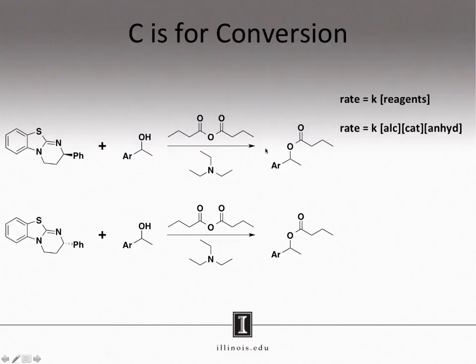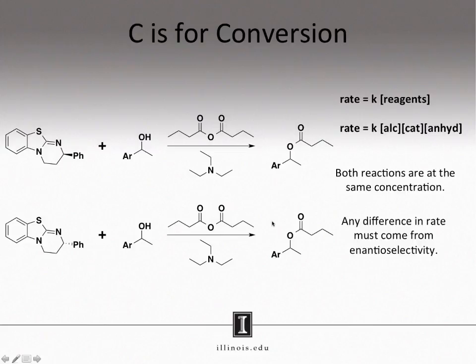If these reactions are identical, shouldn't they have the same concentration of alcohol, catalyst and anhydride? The answer is yes. Both of these reactions are using the same concentrations of these reagents. Therefore, shouldn't these reactions proceed at the same rate? The answer is actually no, and this is because of enantioselectivity. The matched case will be faster.